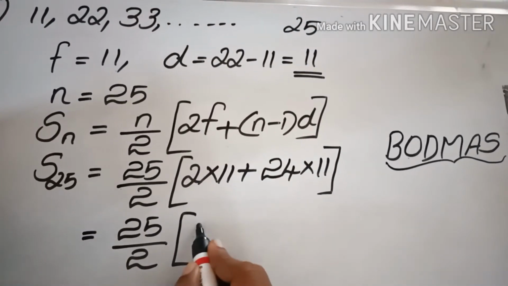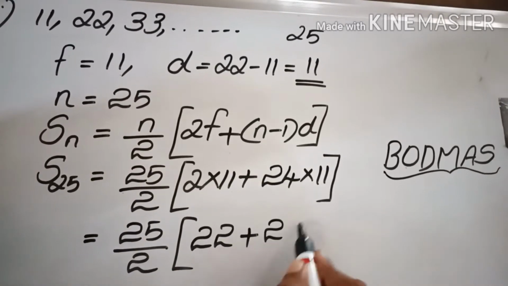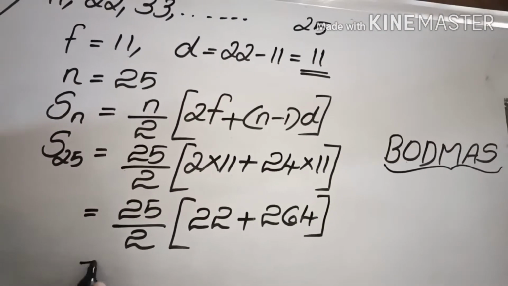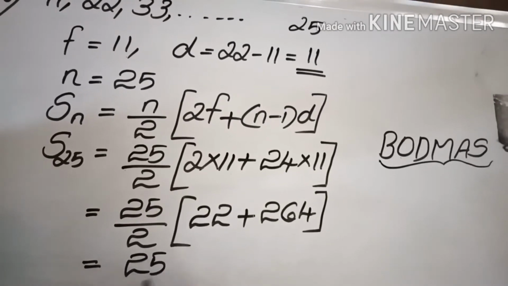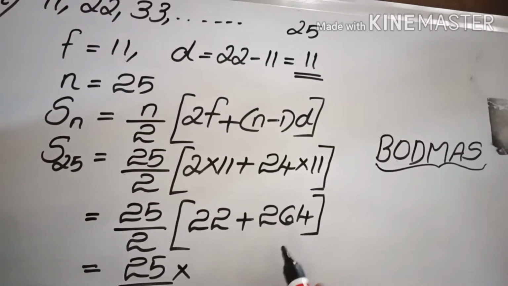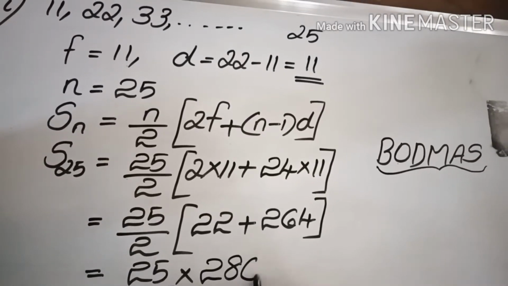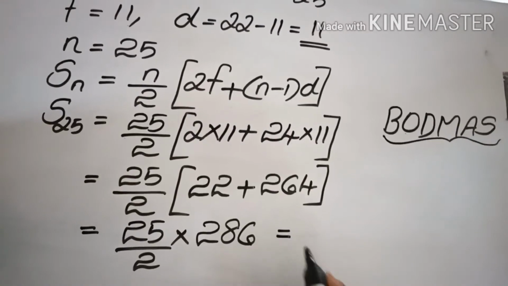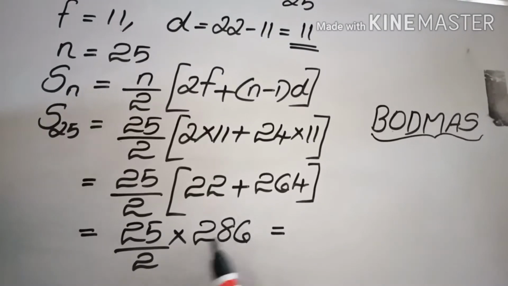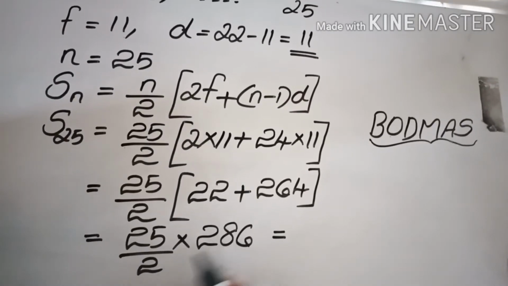So 2 into 11 is 22, plus 24 into 11, which is 264. Now again simplifying, that is 25 by 2 into, now you can add because there is no multiplication or division here. So 22 plus 264 is 286. In the next step you can divide or multiply, it's up to you. 286 by 2, then into 25 is also possible, but I think division is better here.